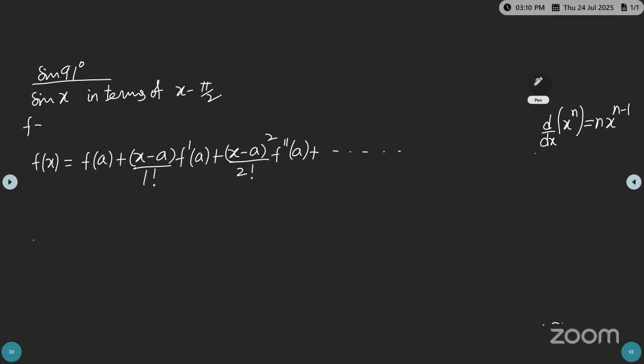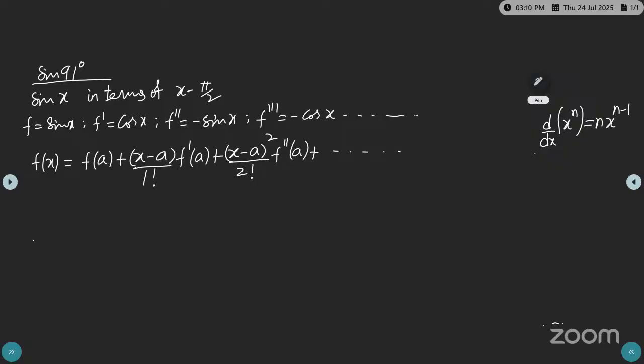So we are expressing x in terms of x minus 90. How can you write? f equals sin x, f dash is cos x, f double derivative is minus sin x, f triple derivative is minus cos x, and so on.